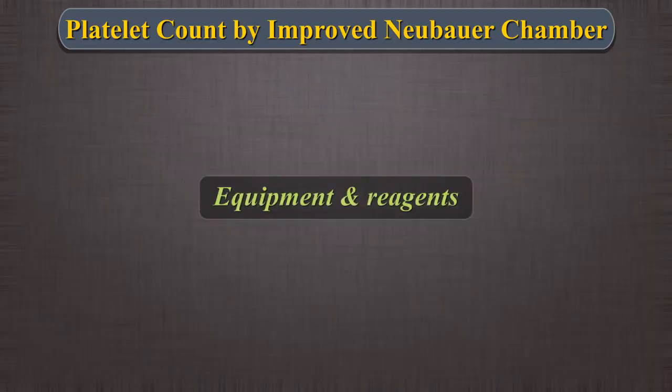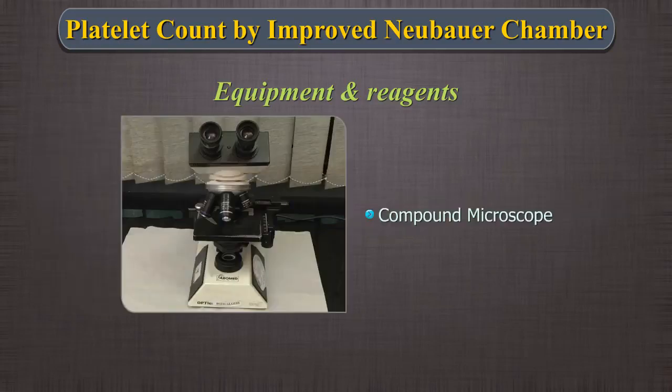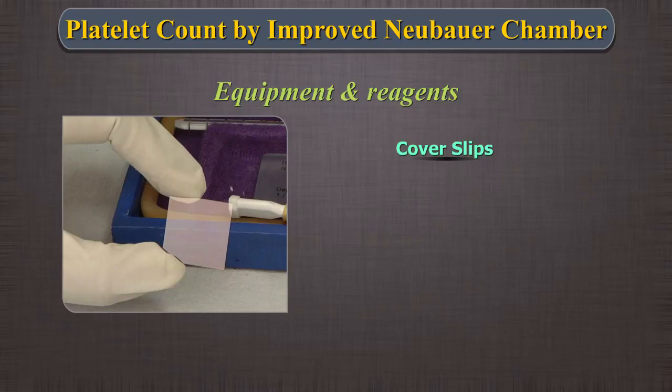Equipment and reagents. First, hemocytometer, improved Neubauer's counting chamber. 2. Compound microscope. Ideally, platelet counts should be done using phase contrast microscopy. However, we are discussing ordinary bright field microscopy here. 3. Cover slips.